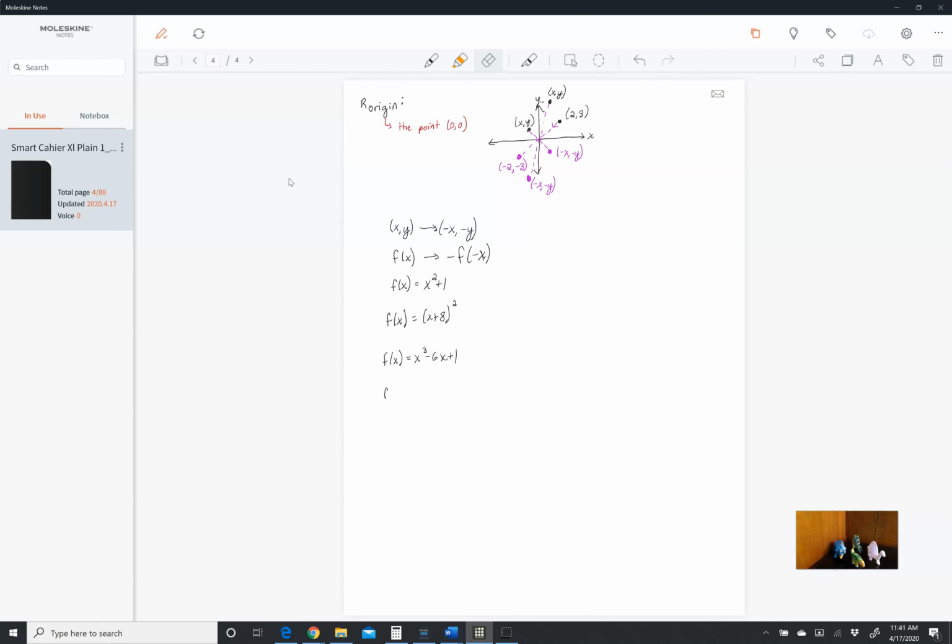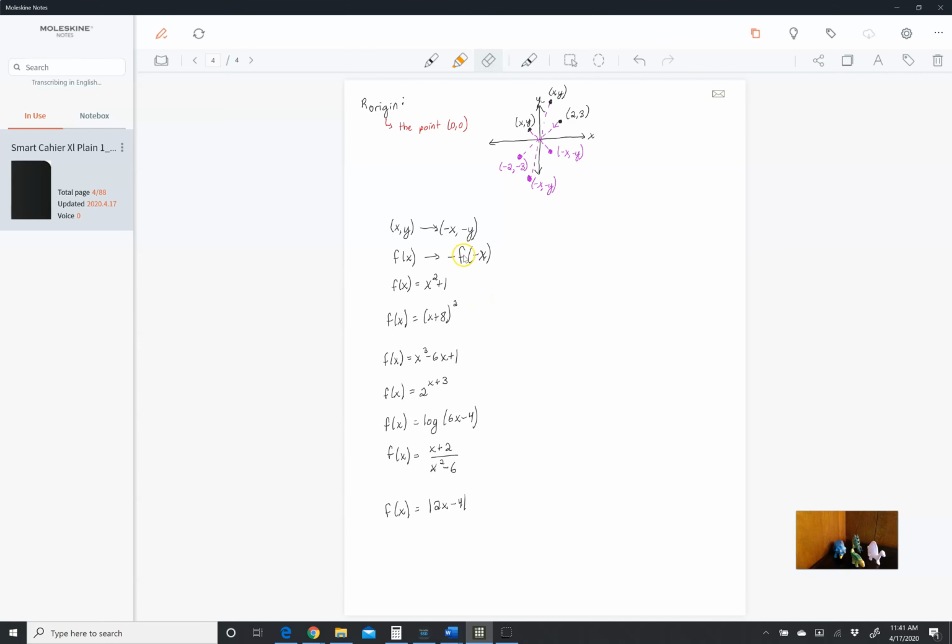And we'll do this in a few different ways. We can use the absolute value function as well. Okay.